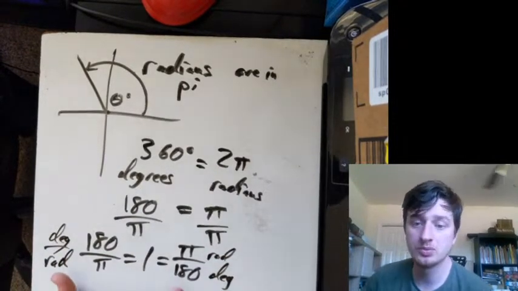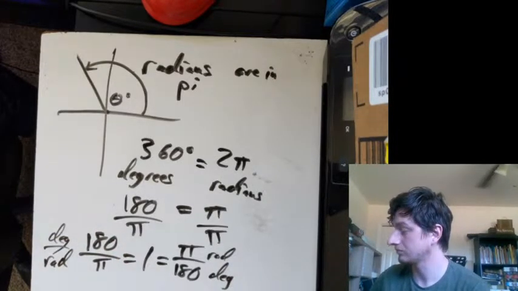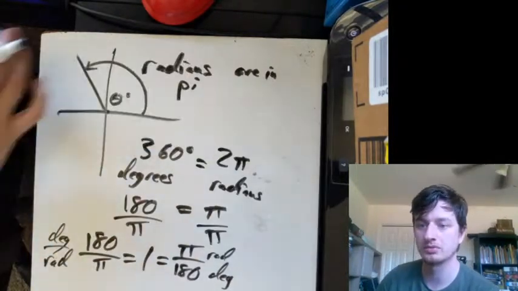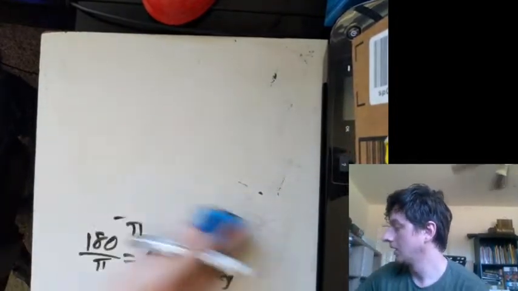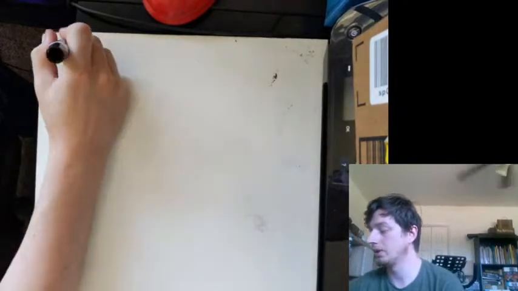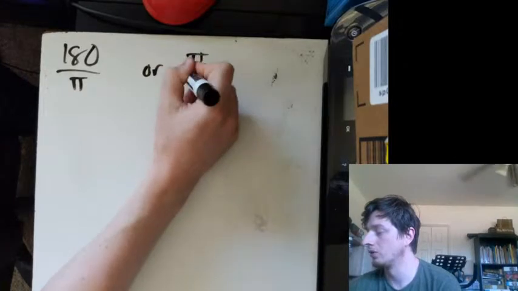And the reason that we would use both of these is we're going to convert an angle measure to a radian measure. Okay, so I'm going to rewrite more of the formulas up at the top, and we will talk about how to convert. So 180 over pi, or pi over 180.